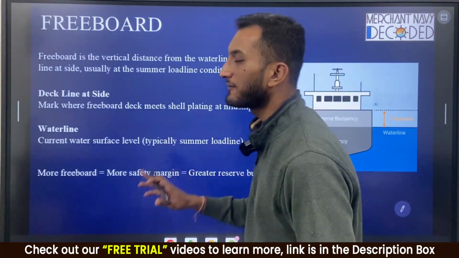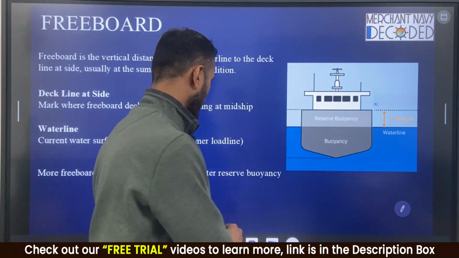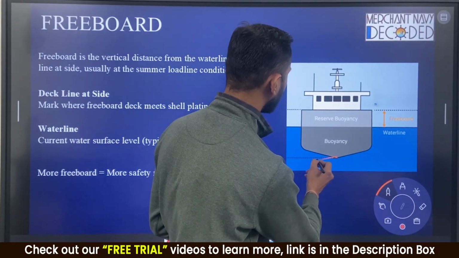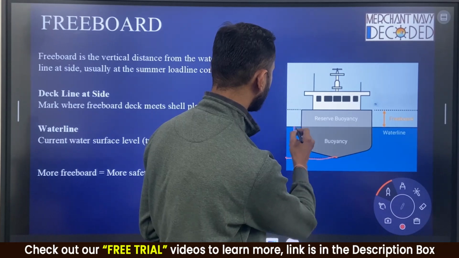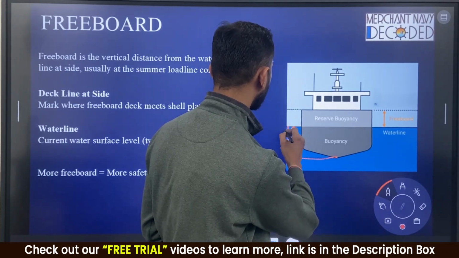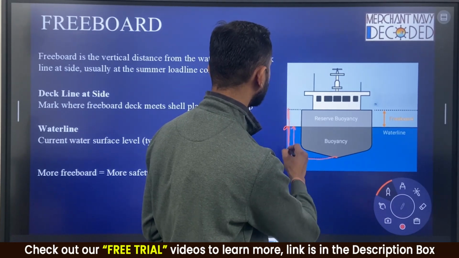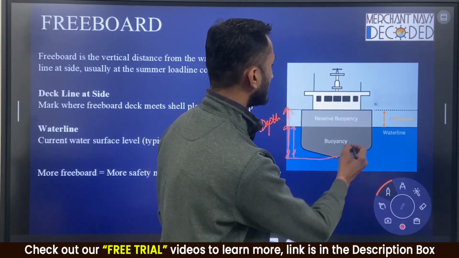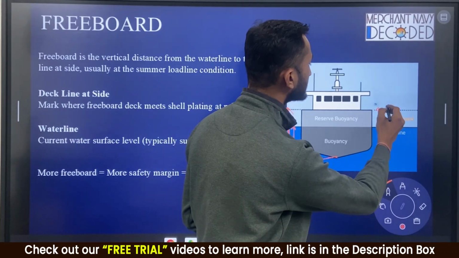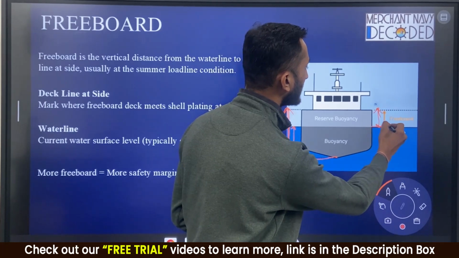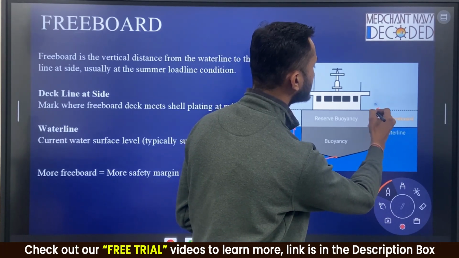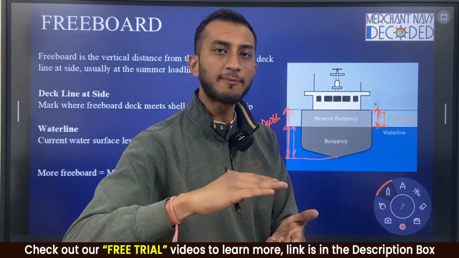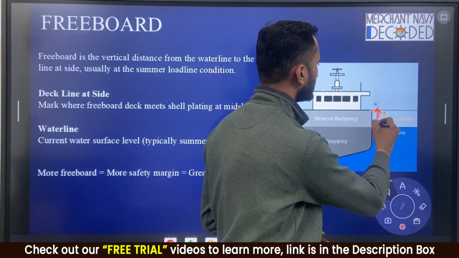Next thing is the freeboard. Considering this is the bottommost keel plate, this is the draft, and this is the depth of the vessel, the distance between the waterline and the freeboard deck, the topmost deck plate, is the freeboard.